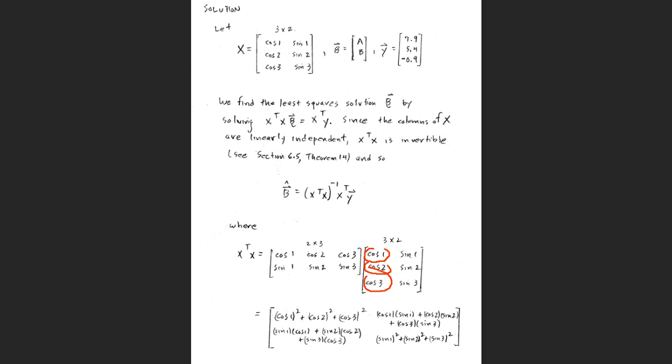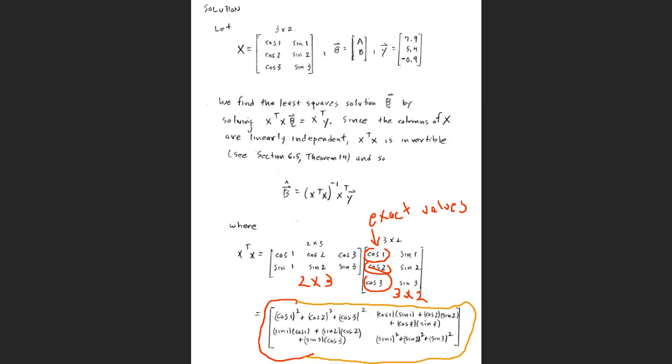MyMathLab for the design matrix wants the exact values. It does not want decimals. So you have to get this 2 by 2 matrix here. You're taking a 2 by 3 and multiplying that matrix by a 3 by 2, which gives you a 2 by 2 matrix with those 4 entries. You notice I'm not rounding them.